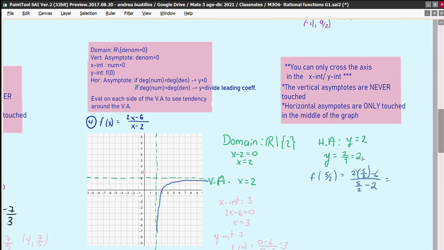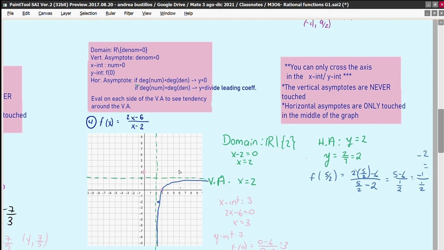This would be 5 minus 6 over 1 half. This would be minus 1 over 1 half. And this would be, applying the sandwich law, minus 2. So at 2.5, my function is going to be minus 2. As we can verify, if I get closer to my vertical asymptote on this side of the plane, the function is going into negative values, thus going to negative infinity.